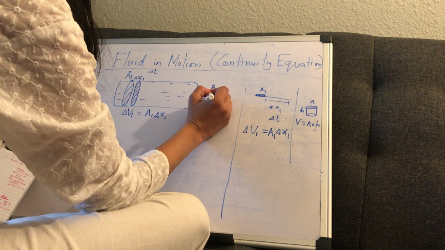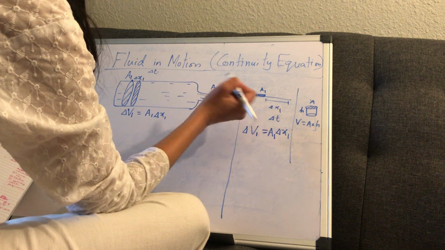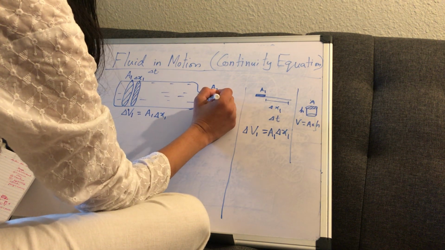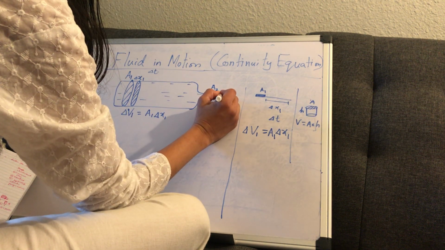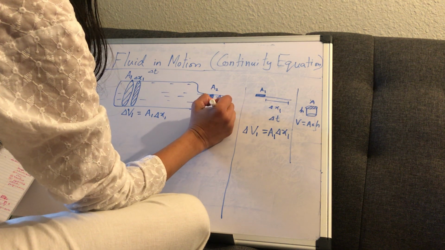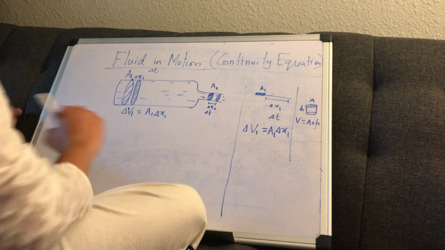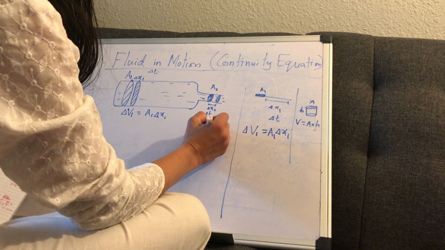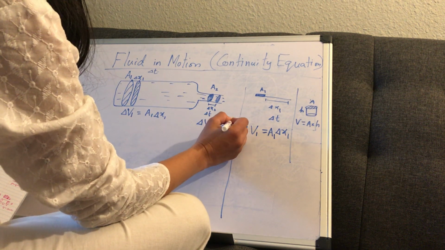So this is the cross-sectional area A2. In some time delta t again, the fluid flowing there must travel the distance delta x2, and the volume must be the same, which means delta V2 must be equal to A2 delta x2.